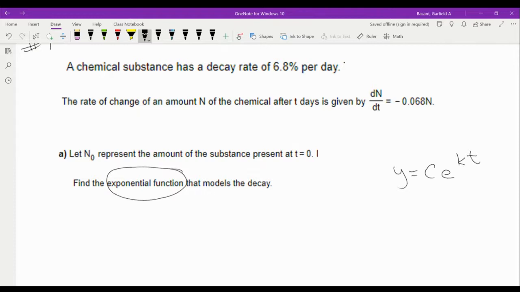Come on, what does the C represent? No one remembers this?